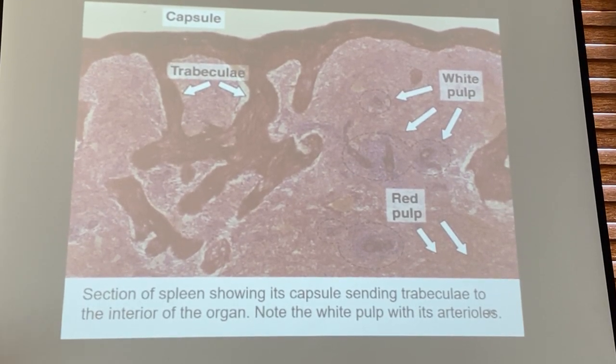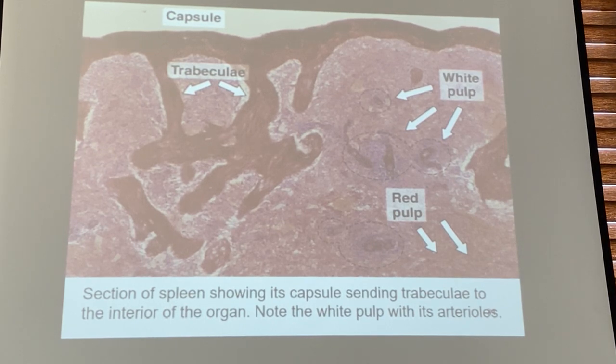The majority of the reddish area is the red pulp formed from cords. Elongated cords contain many lymphocytes and plasma cells, and are supported by reticular fibers.